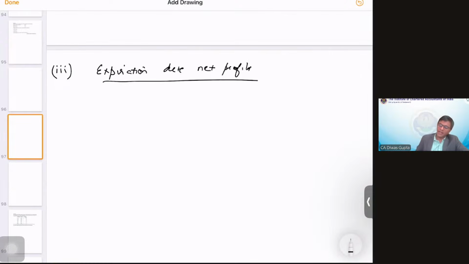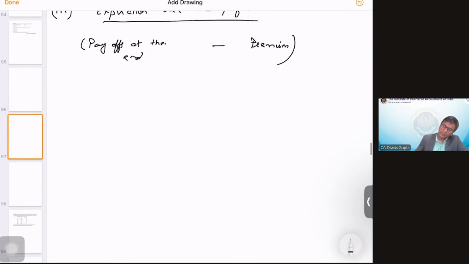Right? Payoff at the end minus premium. 50, 55, 60, 65, 70.